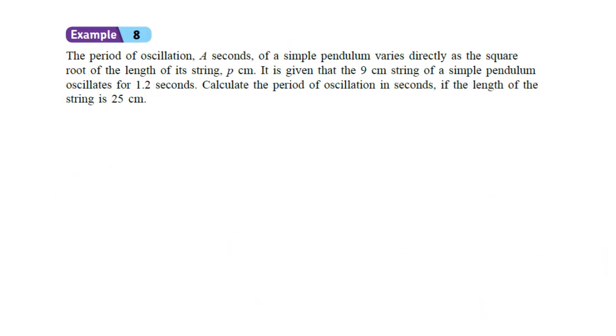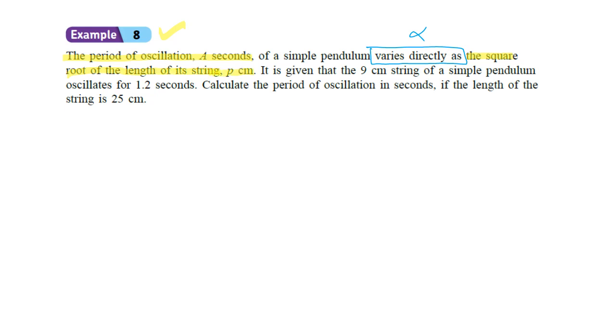Okay, let's see example 8. The period of oscillation A seconds of a simple pendulum varies directly as the square root of the length of its string, P cm.